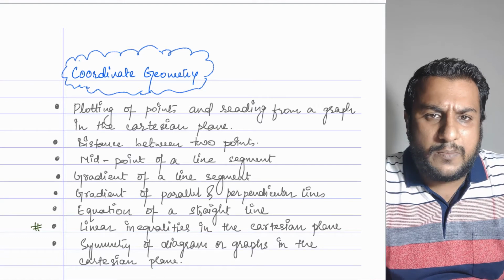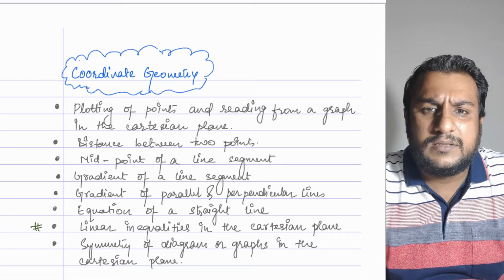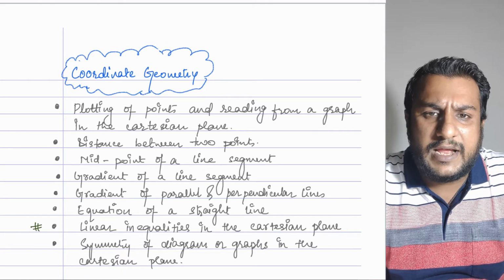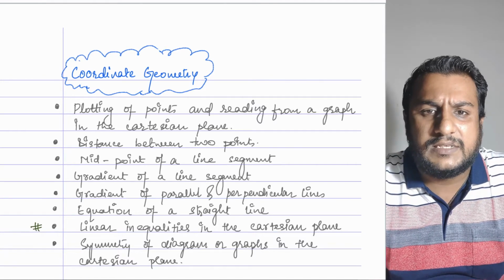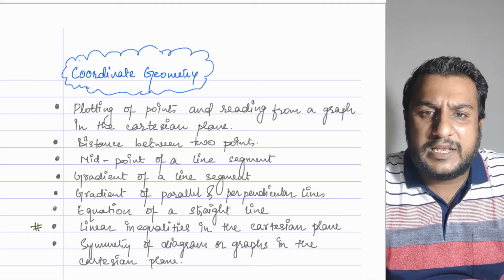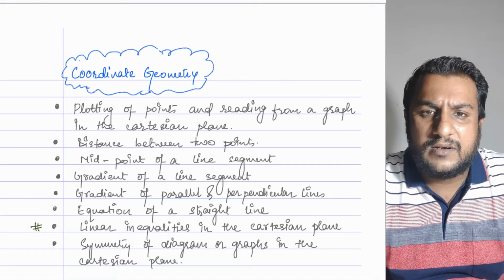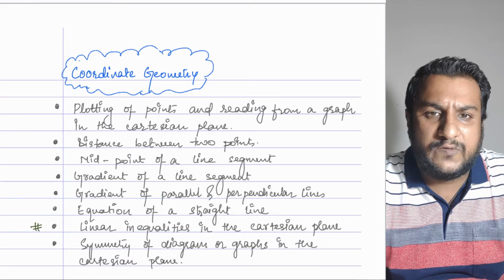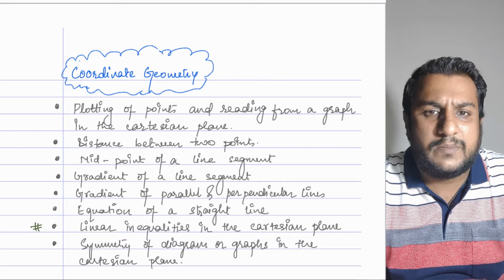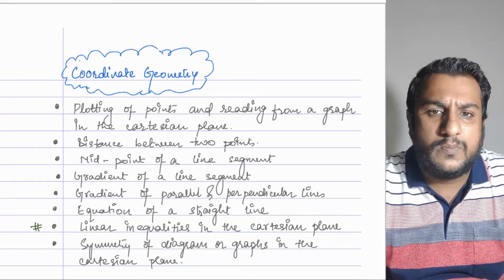As our topic is coordinate geometry, I have tried to link coordinate geometry with equations of line, that is straight lines, and linear inequalities, graphing linear inequalities and shading the region. I will be dividing this topic into three portions. In the first portion we'll discuss coordinate geometry and gradient of a line, slope and all.